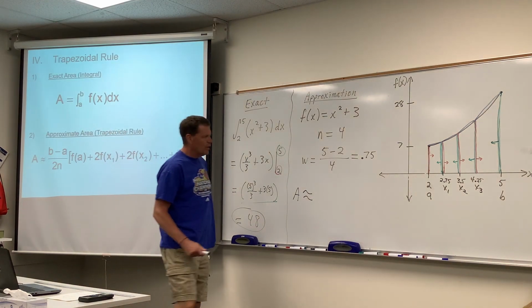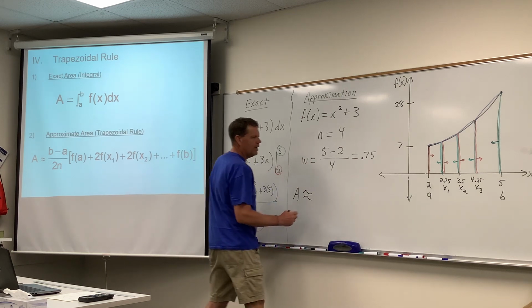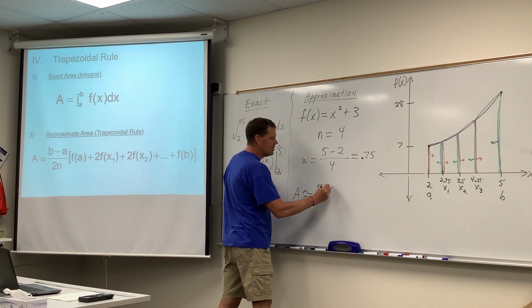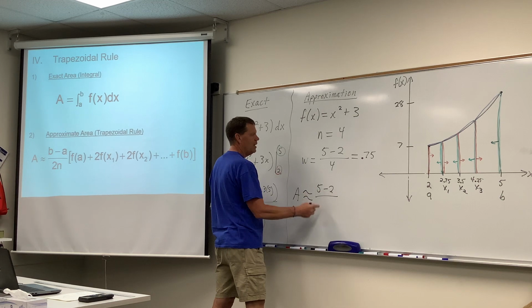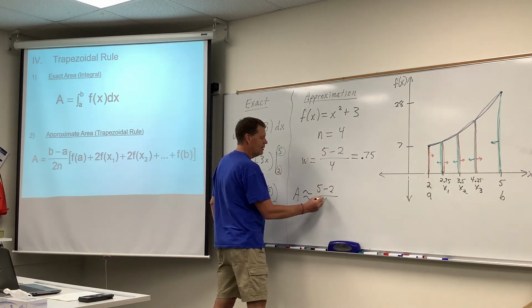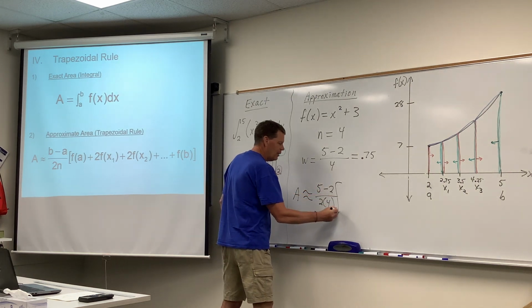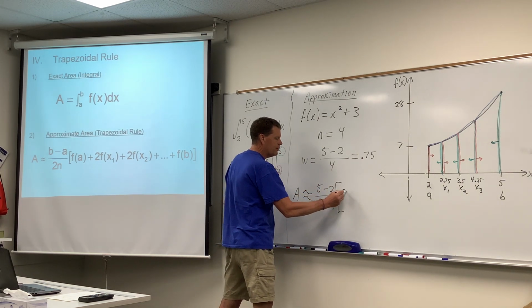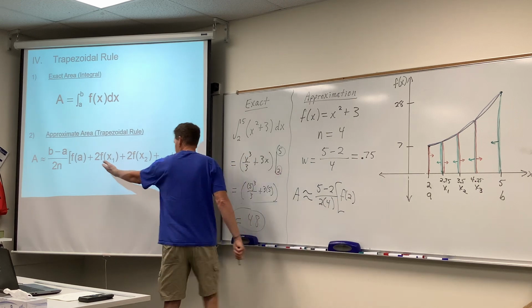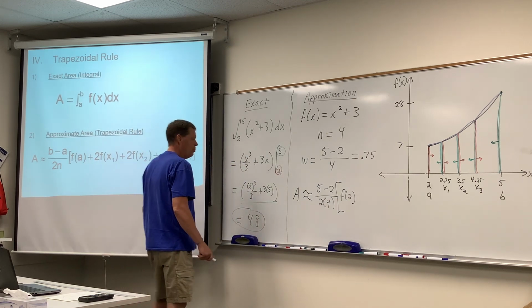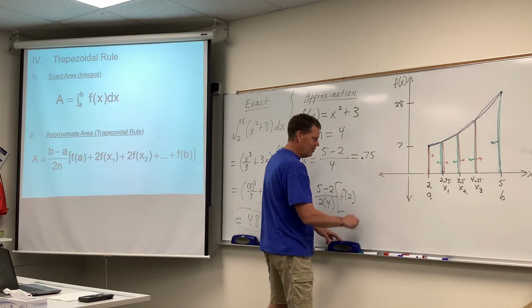And so on this question, here we go, B minus A, 5 minus 2, B minus A, 2n, the fact that we had 4 subintervals. And then here we go, we've got f of 2, f of your left endpoint, plus, I'm going to run out of space here, it looks like.